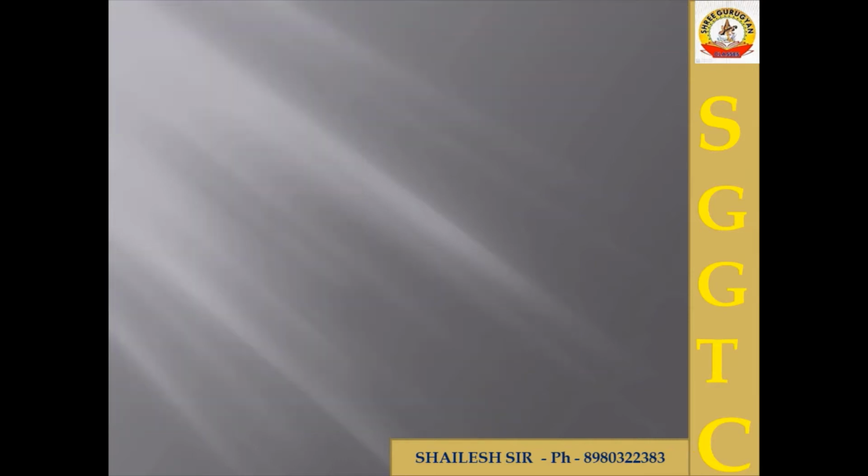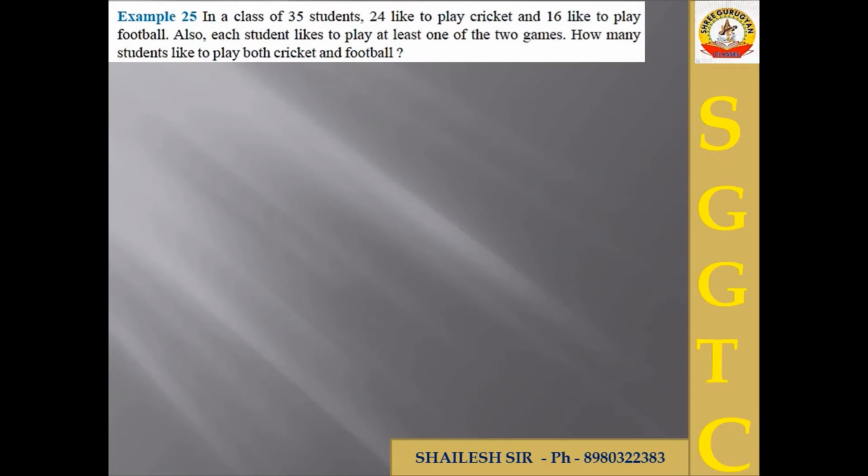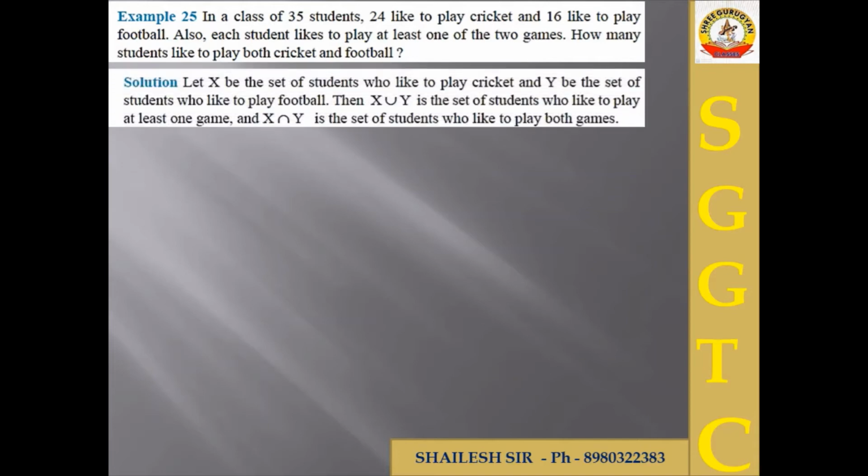Yes students, next. In question 25, there are a total of 35 students in a class. 24 like cricket and 16 like football, and given that at least one of the two games is played, how many play both cricket and football?